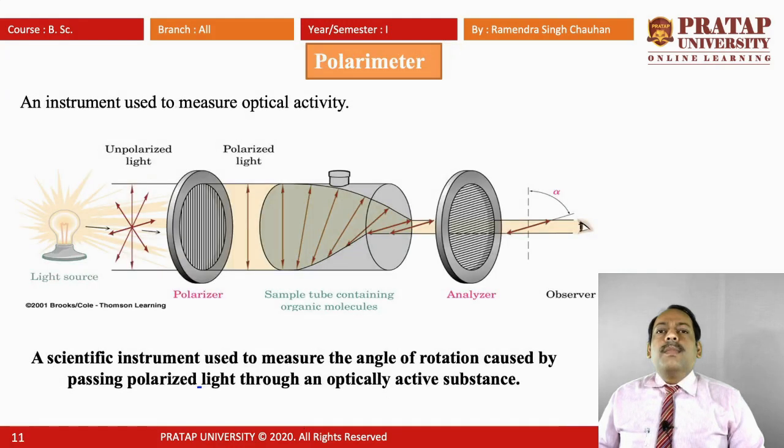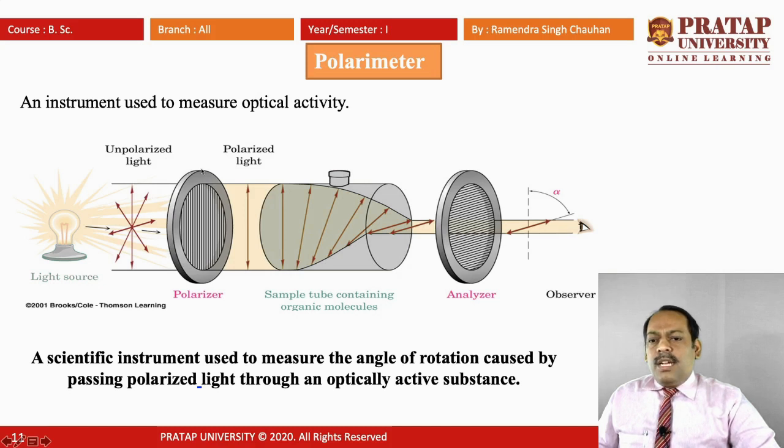So, now we will go to a device which is used to determine the specific rotation, an instrument which is used to measure optical activity. In this instrument we can see there is a source of light, which is producing unpolarized light, then there is a polarizer.